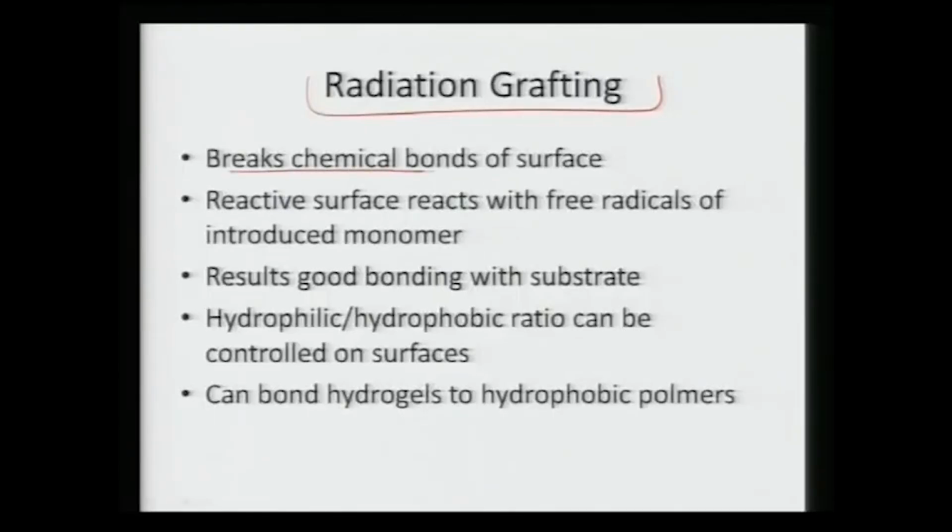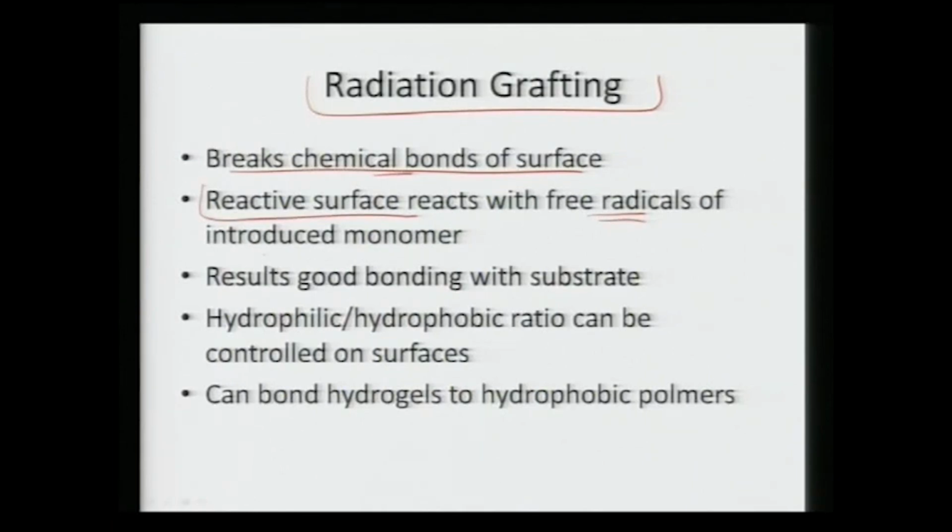So, in radiation grafting we can see it breaks the chemical bonds of the surface. Whatever bonding is formed on the surface, it can start damaging the bond structure and basically break the chemical bond of the surface, and that makes the surface highly reactive. Once the bonds have been broken, all those reactive surfaces can react with the free radicals.